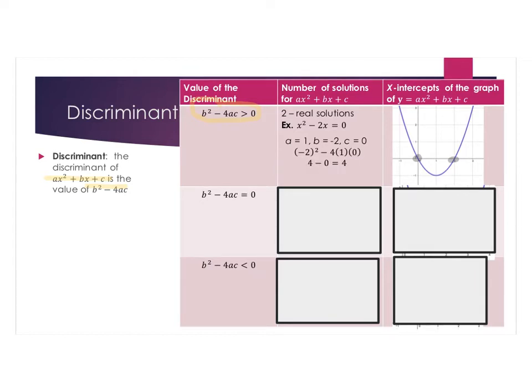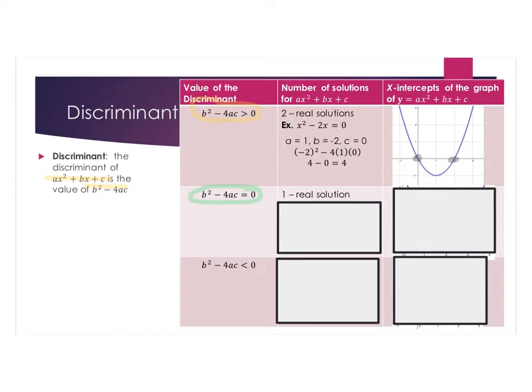And it's a positive number. And if we look at the graph of x squared minus 2x, notice it has 2 places in which the graph intersects. If we had a discriminant that equals 0, that means we have one real solution.